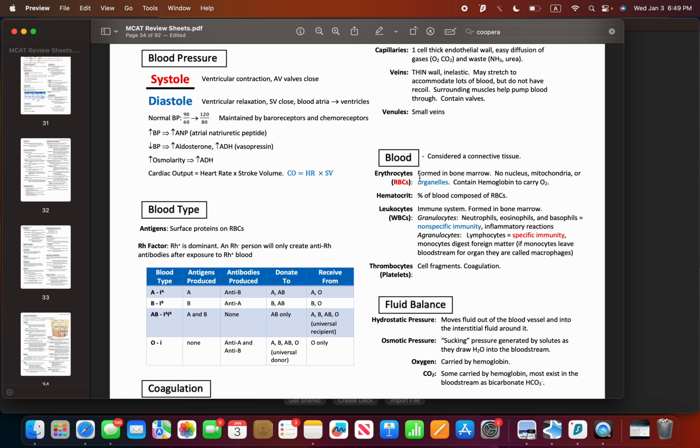Now, agranulocytes have two examples, which are the lymphocytes and monocytes. The lymphocytes are for specific immunity. We know, like the B cells and T cells. And monocytes digest foreign matter. They do phagocytosis.